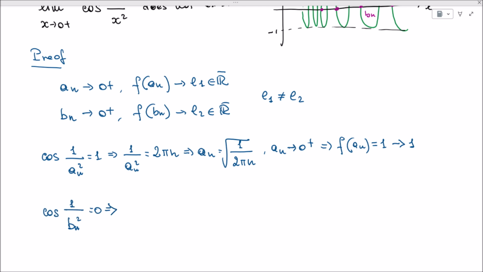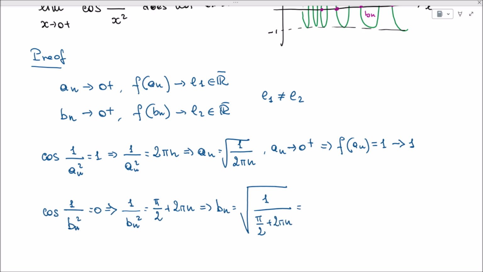And we know that the cosine is equal to 0 when 1 over bn squared is equal to pi over 2 plus 2 pi n, which implies that bn would be the square root of 1 over pi over 2 plus 2 pi n.